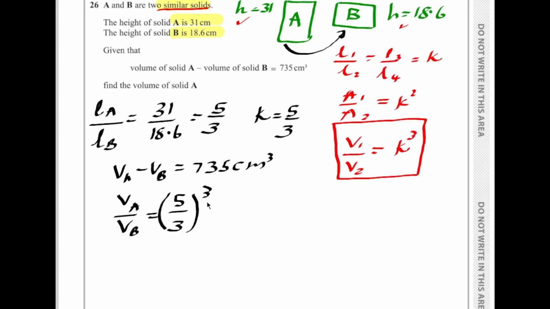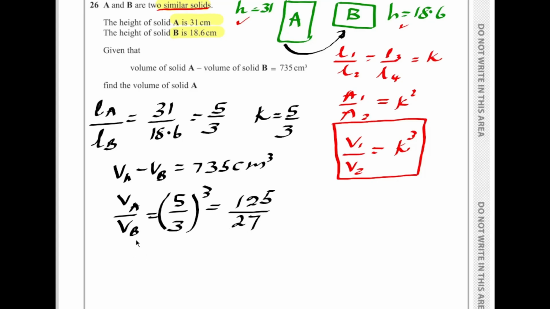Now I can simplify: 5 cubed equals 125, and 3 cubed is 3 into 3, 9, 9 into 3, 27.